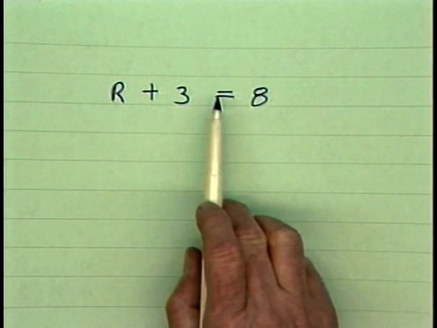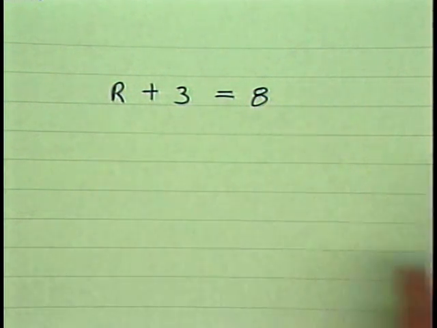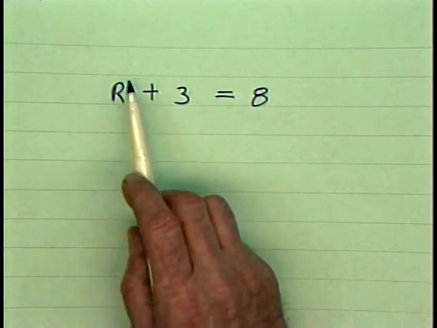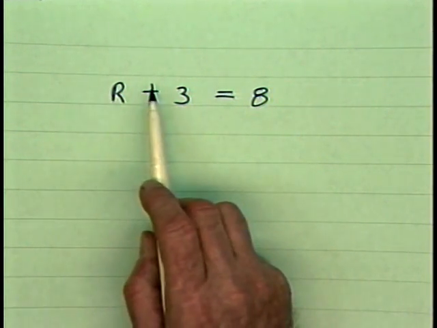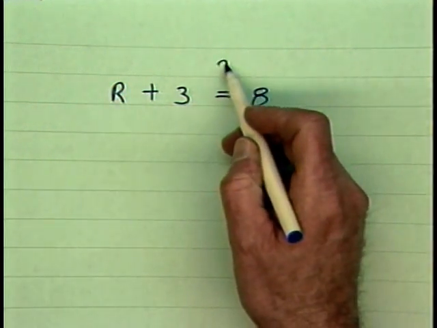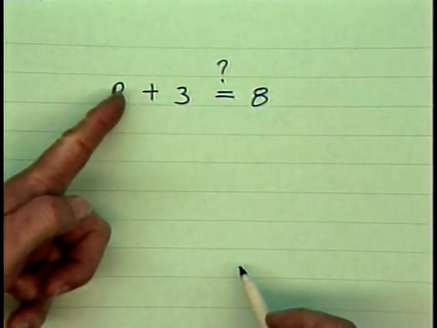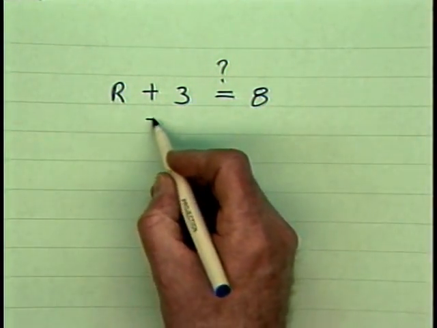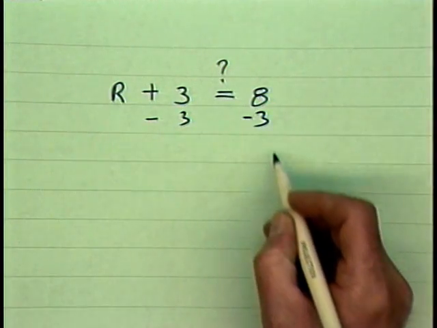You can see in a simple math sentence there is really nothing to do. Reading this says, some number here called r added to 3 is 8. What number would make this sentence true? Obviously 5. There is nothing to do. You didn't really have to subtract 3 from both sides.